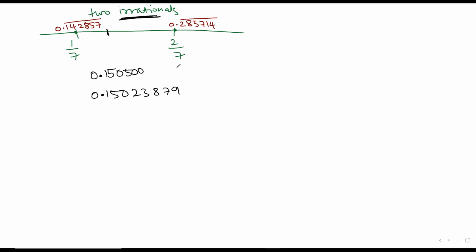It's not ending over there. Because if it ended here, that would make it a rational number, which is very different from an irrational number. The other thing you could do is keep on adding zeros. That's the simplest thing to do. You don't even have to think much about it.